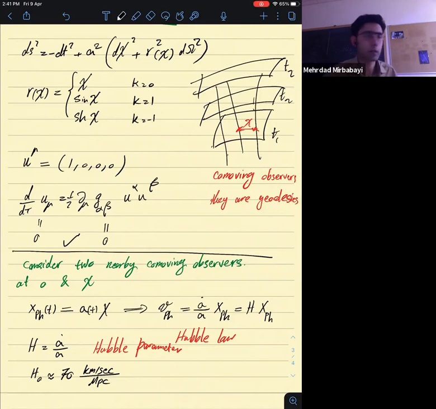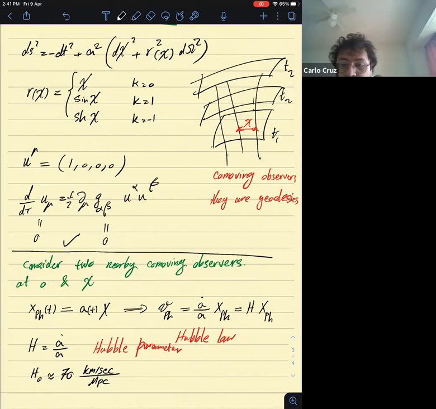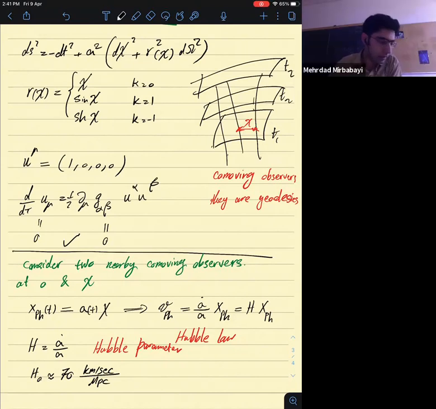It's, I think, 30 kilometers per second. So these are the typical velocities and distances. Did I answer the question? Yes, thank you. Any other question so far?